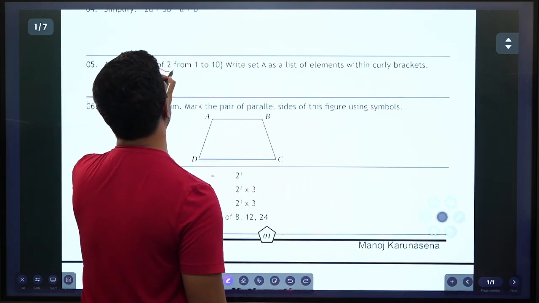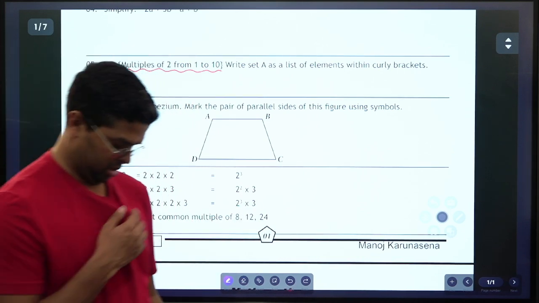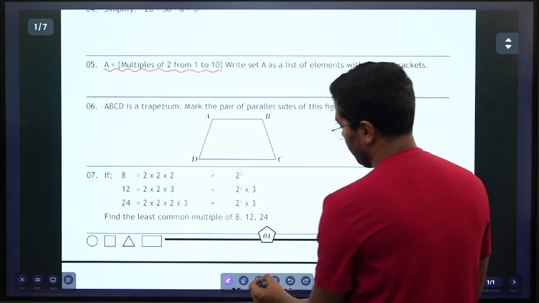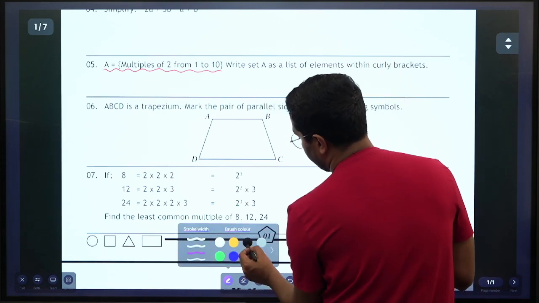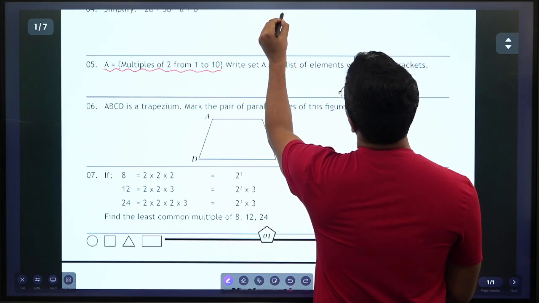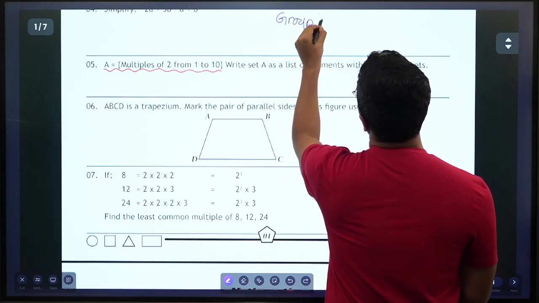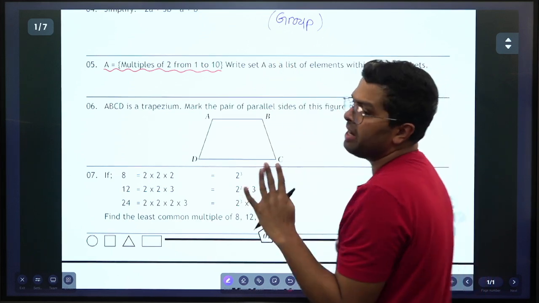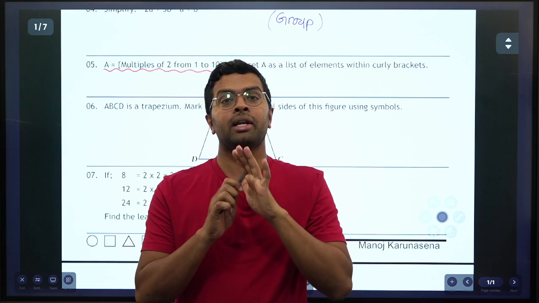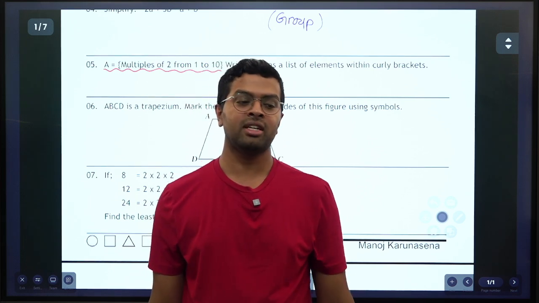A is a set that represents multiples from 1 to 10, right? So what is a set? What is a set? A set, in the simplest way, is a group which you can clearly identify. If there is a group that you can clearly identify, it is called a set.